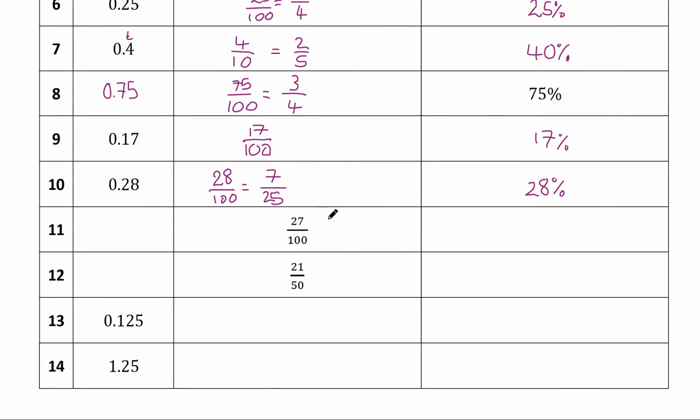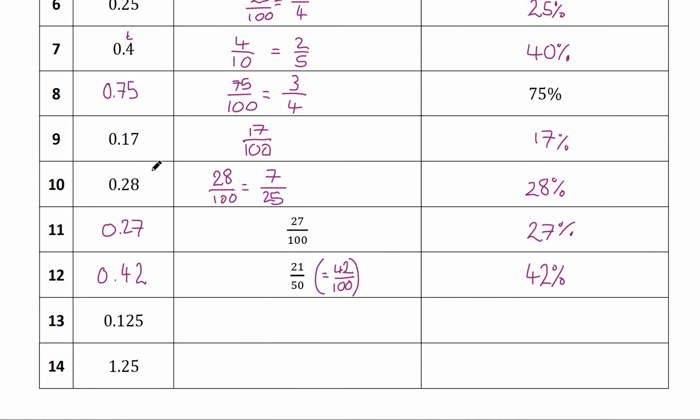On number 11, 27 hundredths means it is 27%, and that is 0.27. Number 12, we've got 21 50ths, now that's equal to, I'm just going to unsimplify that, make it a bit bigger, because I can scale that up to make 42 hundredths. This page is just practicing the last few pages worth of skills, to be honest. So 42%, or 0.42.